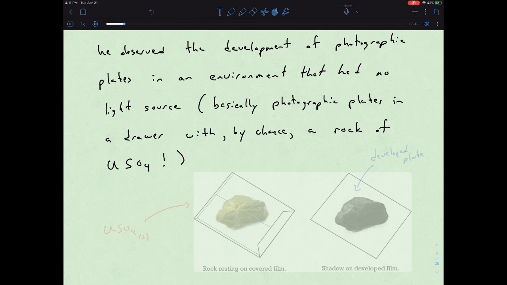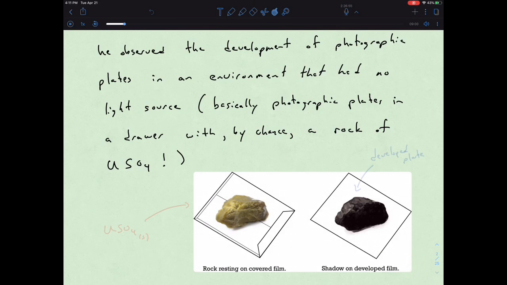So that's really the observation, and just to show that maybe pictorially, we could look at the actual rendition of it here, with the idea that we have a photographic plate, and we have the uranium sulfate, which is the brick or the rock that's on top of the photographic plate.